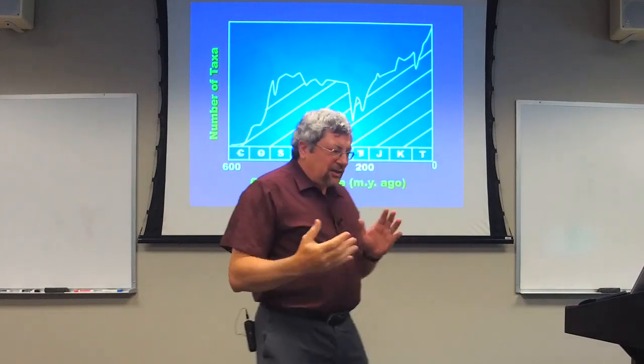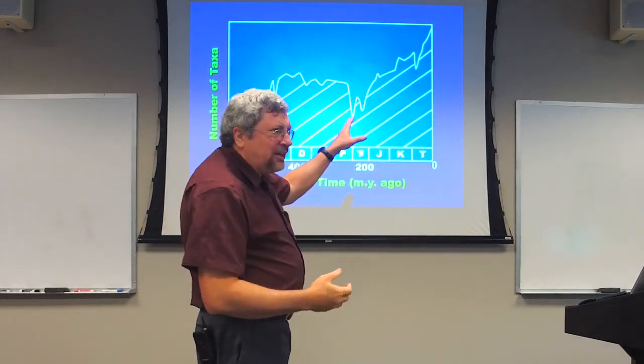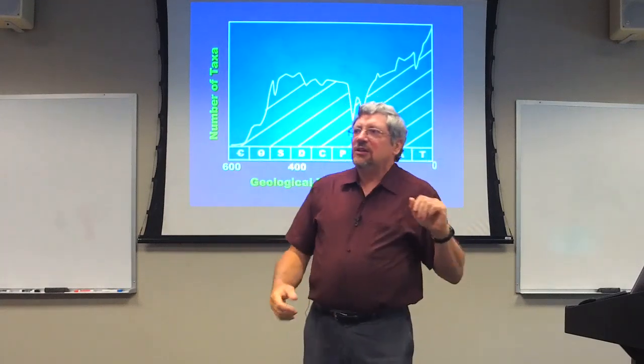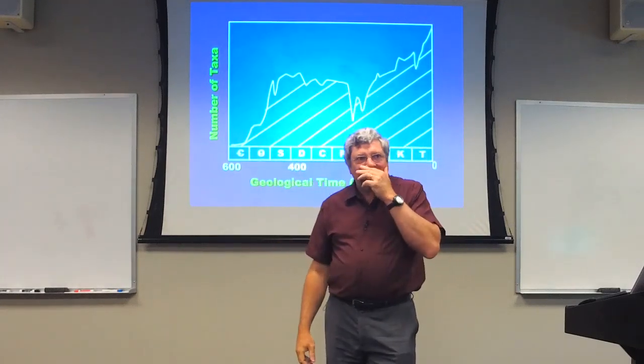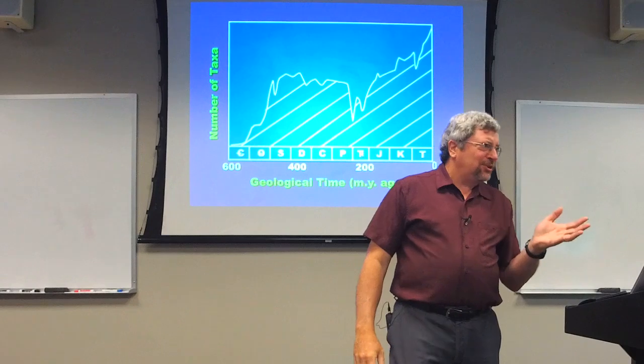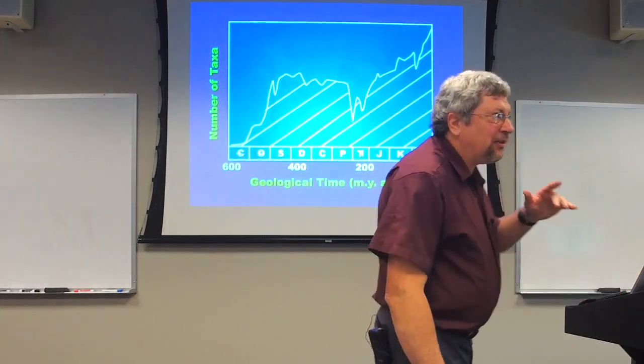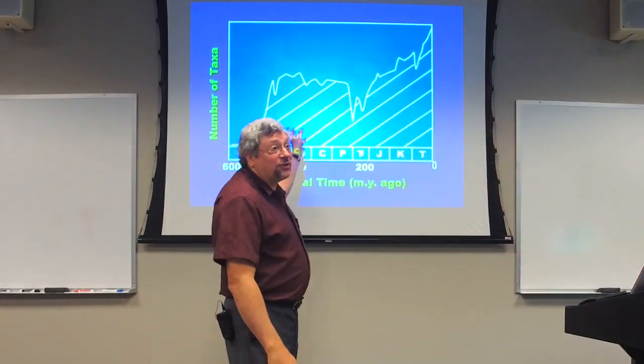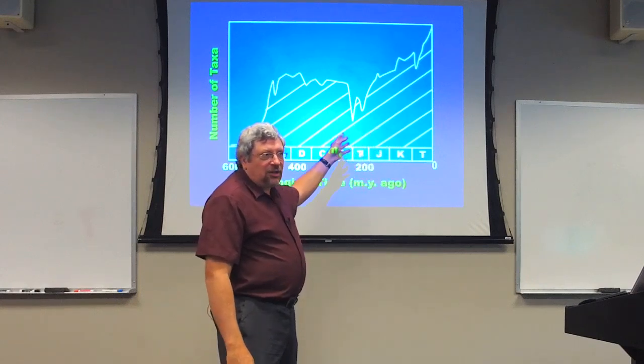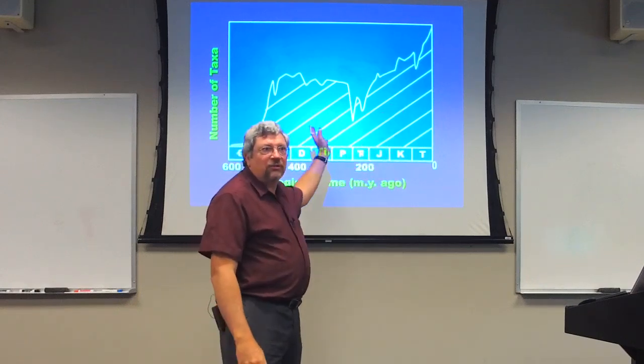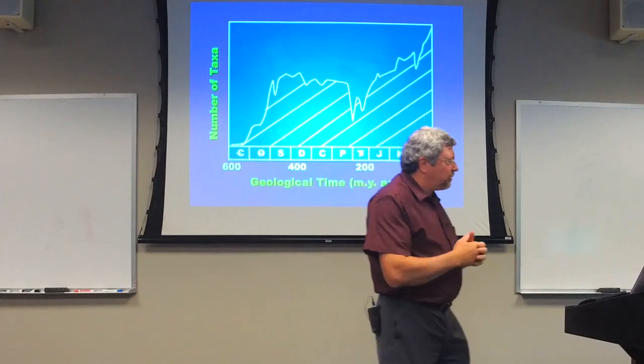And again, initially this was done at the level of families. Jack Sepkoski did this a number of years ago, back in the 1980s. He then spent the rest of his life, just before he died, actually having successfully done this for genera in the fossil record. It gets basically the same form of curve.